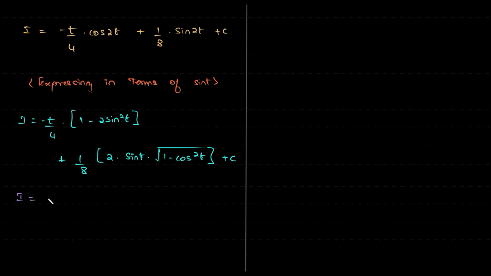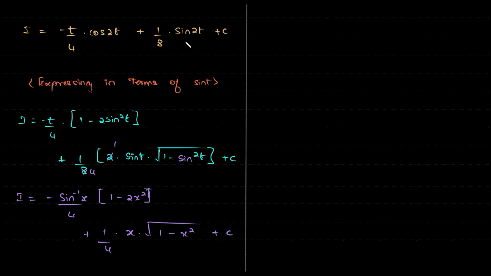So on substituting, t is sine inverse of x, so minus sine inverse of x by 4 into 1 minus 2x square, plus 1 by 4 into x and square root of 1 minus, my bad, this is sine square t, so 1 minus x square, plus a constant, right?